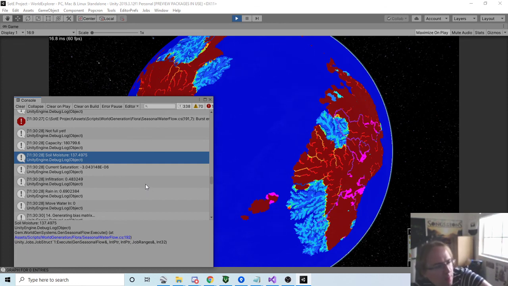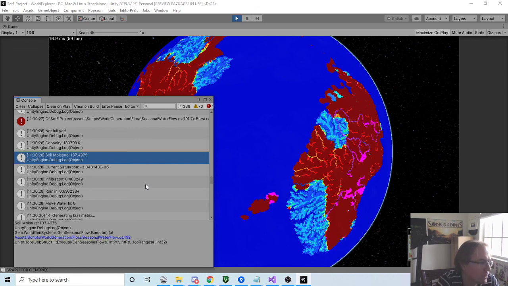Oh, hold on. Yeah, so I guess what's throwing me is the negative number there. It should be really small. So if our actual moisture is 137 and capacity is 180,799, that's still wrong though.